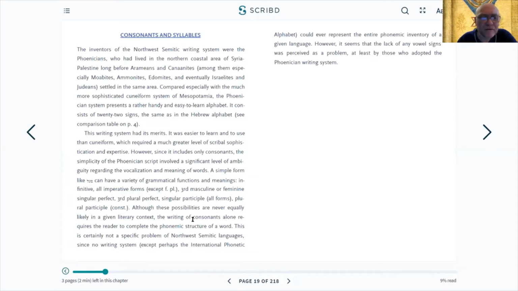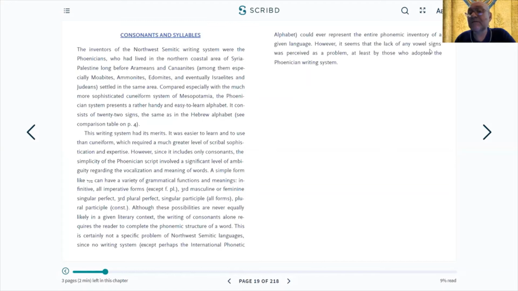Although these possibilities are never equally likely in a given literary context, the writing of consonants alone requires the reader to complete the phonetic structure of a word. This is certainly not a specific problem of Northwest Semitic languages, since no writing system, except perhaps the International Phonetic Alphabet, could ever represent the entire phonemic inventory of a given language.